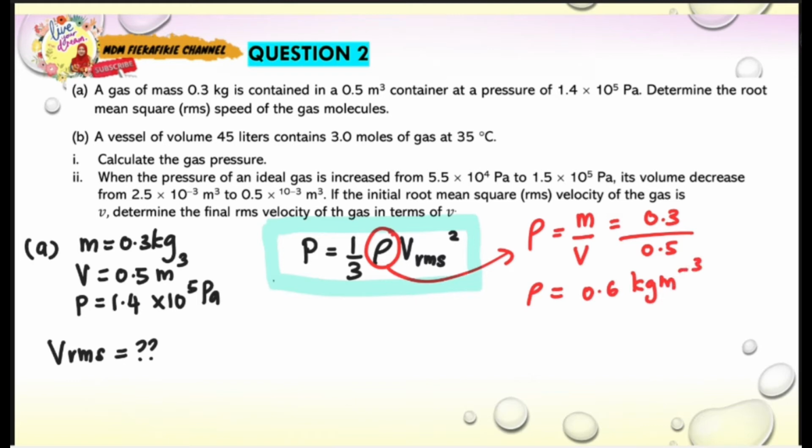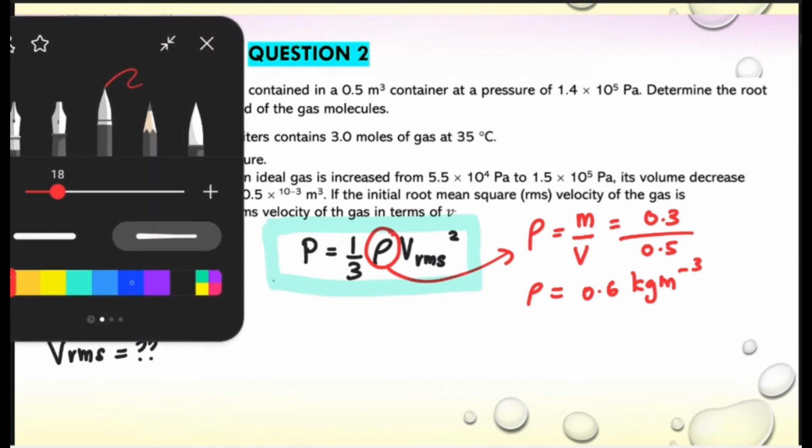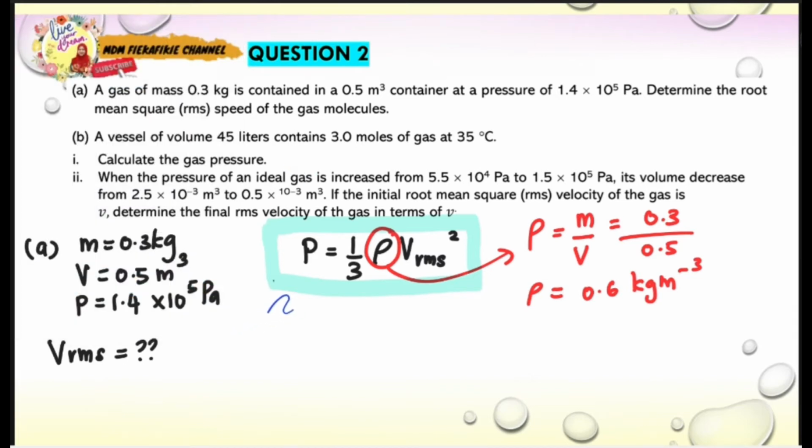Now that we have the density, we can find VRMS. Here we have VRMS squared, so VRMS is equal to the square root of 3P over density.